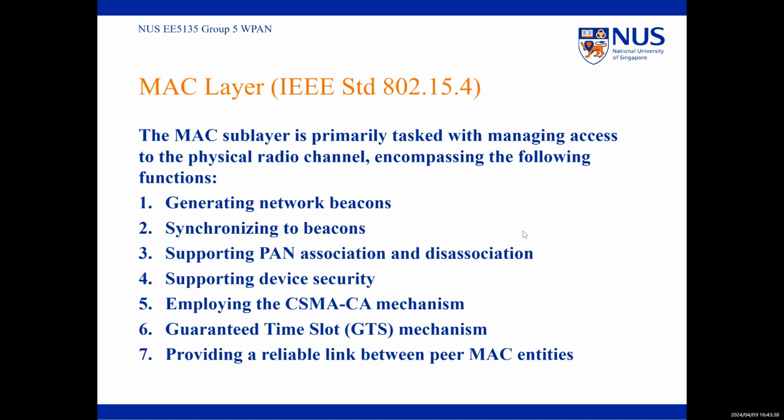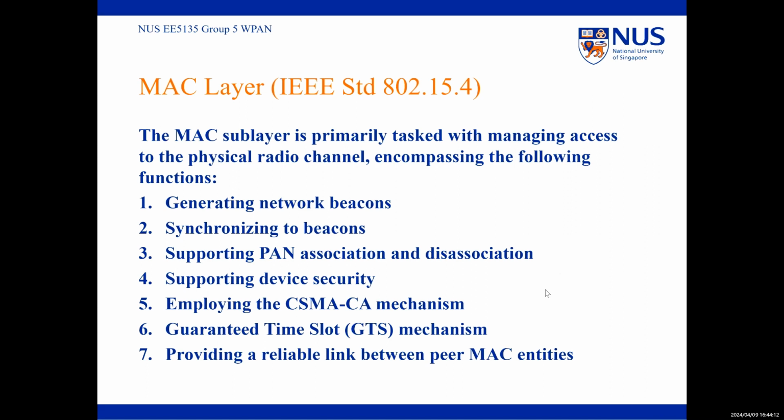The fourth function is that it supports diverse security measures. The fifth, also in this MAC layer, is the CSMA-CA mechanism, which helps prevent packet collision and ensure efficient channel utilization. The sixth function is that the guaranteed time slot mechanism is managed and maintained by the MAC sublayer.